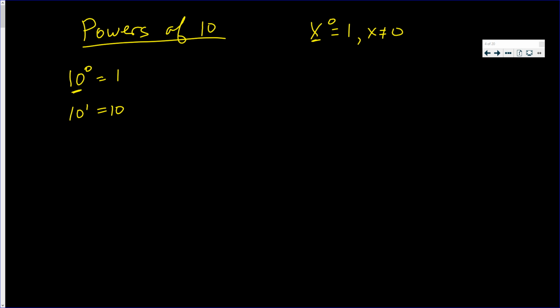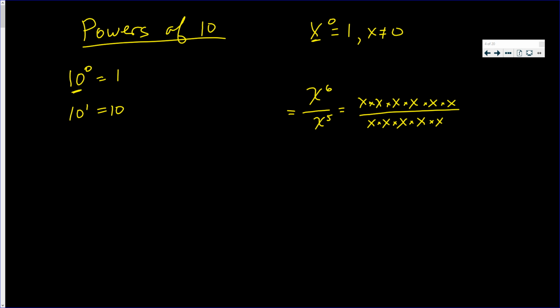is equal to 10. Because, for example, suppose you have x to the 6 divided by x to the 5th. This means x times itself 1, 2, 3, 4, 5, 6 times. And in the bottom, we have it being multiplied 5 times.